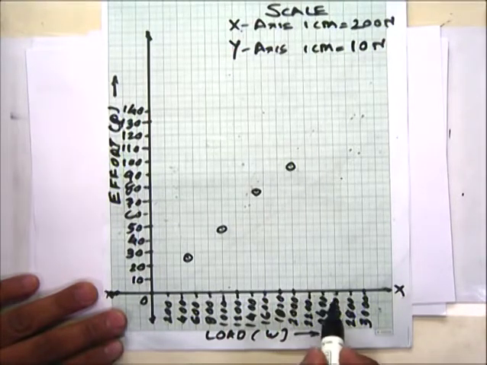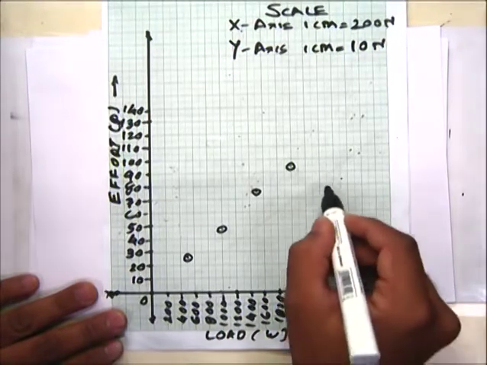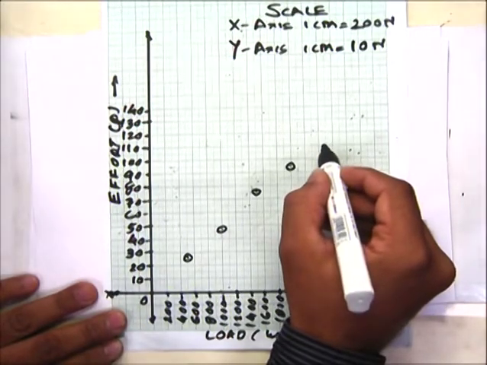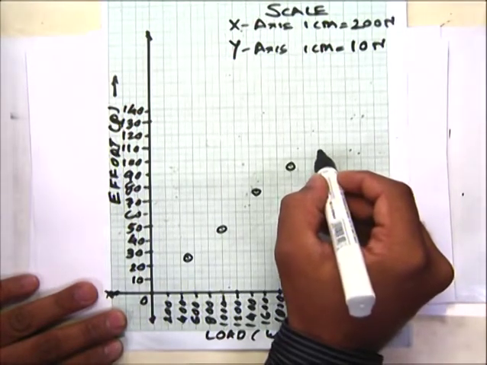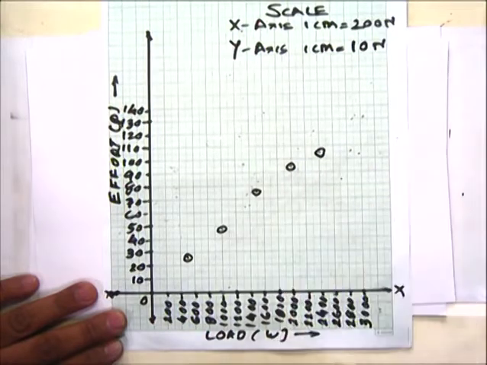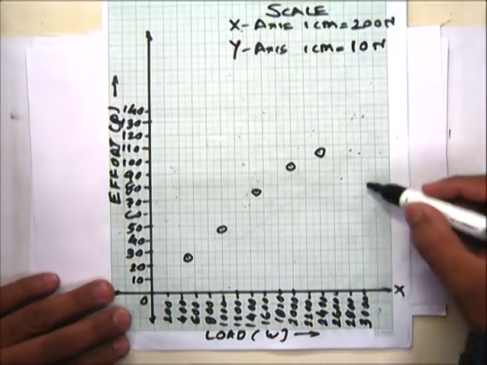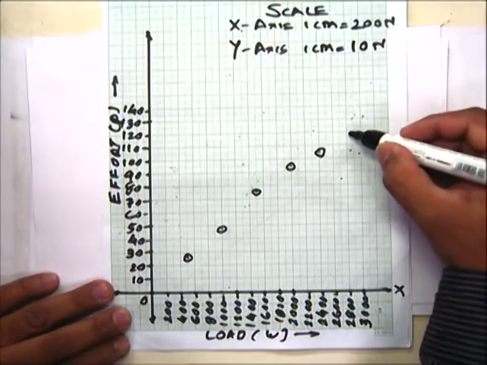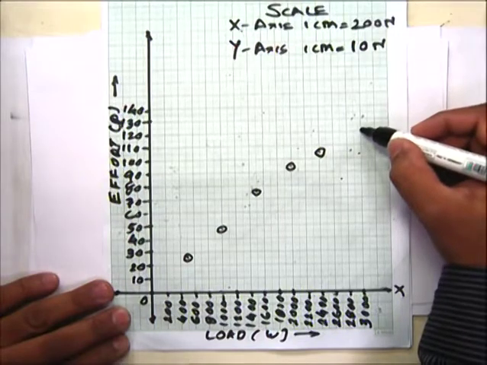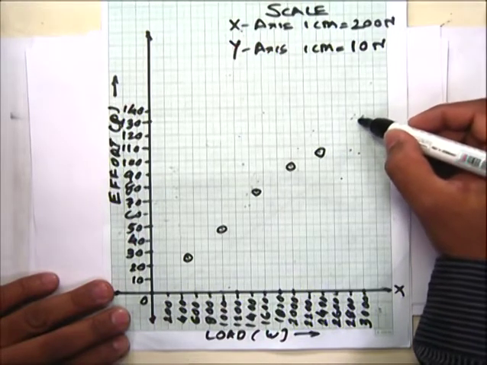So 2500 is somewhere here, and 105 is just above 100 and below 110. The last data is 3000 Newton load and 127 effort, so 3000 Newton and 120, and above that 25, 26 and 27.